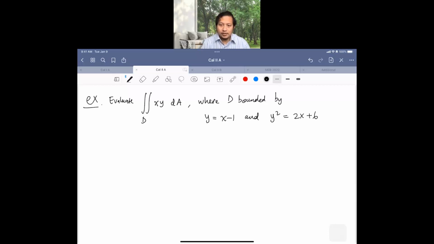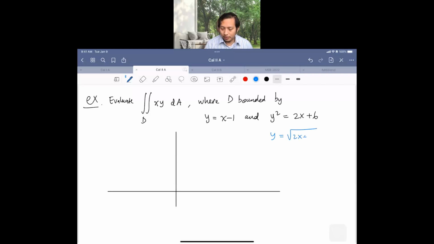So first, to imagine how it looks like, we can set up the functions for the region D. You can write y squared as y equals plus or minus the square root, if you want to take this, or we have two y's if you want to make it into a function of x.